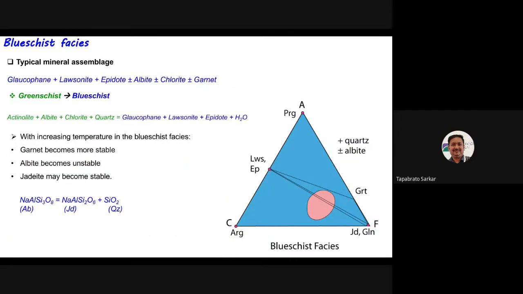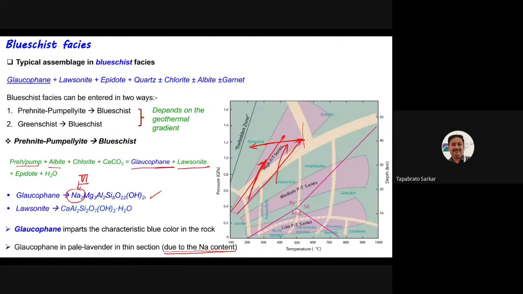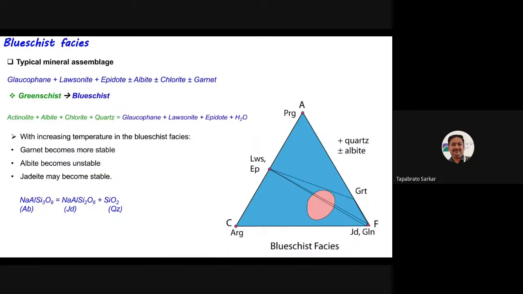Now, the typical mineral assemblage, as I said, is glaucophane, lawsonite, and epidote. Now, if you move from greenschist to blueschist conditions, similar things happen. Actinolite is the most common mineral in the greenschist facies. This is also an amphibole, but this is calcium bearing, aluminium poor, and sodium poor.